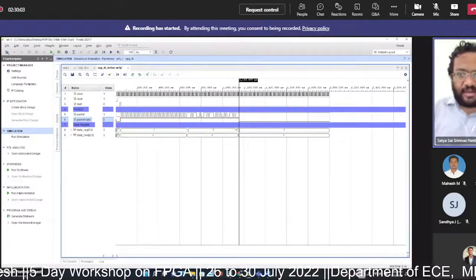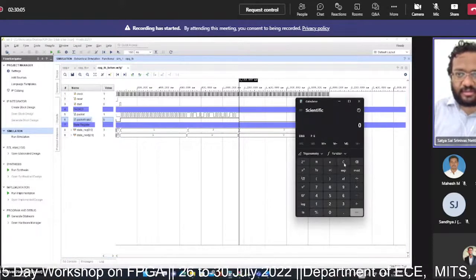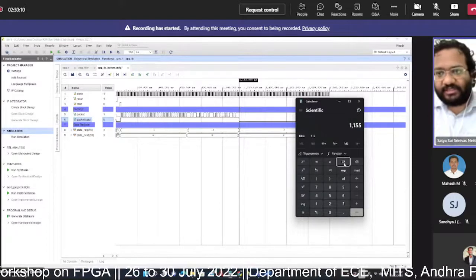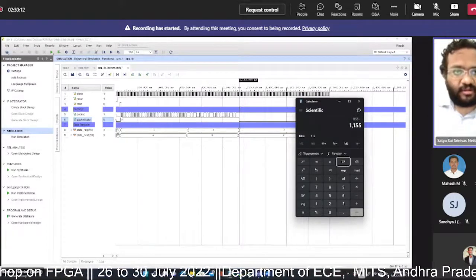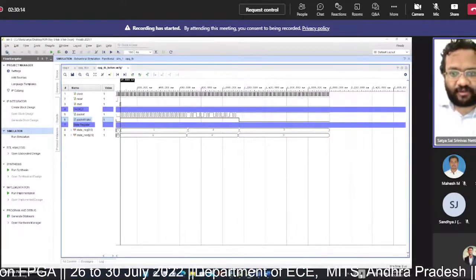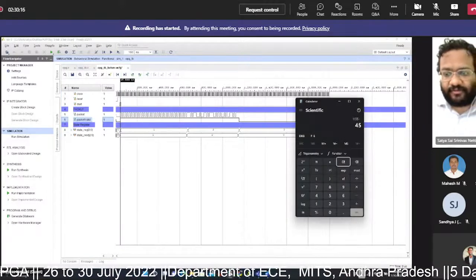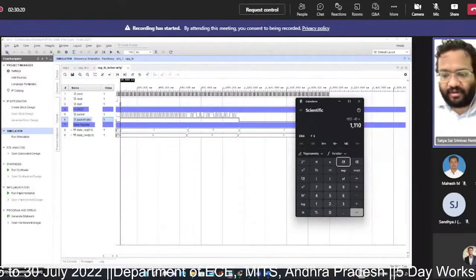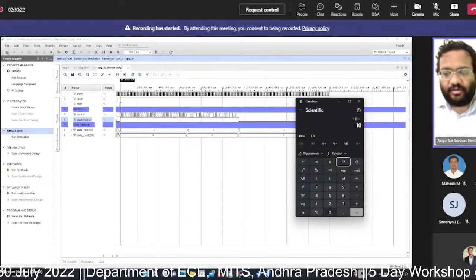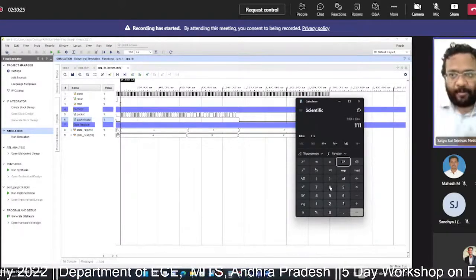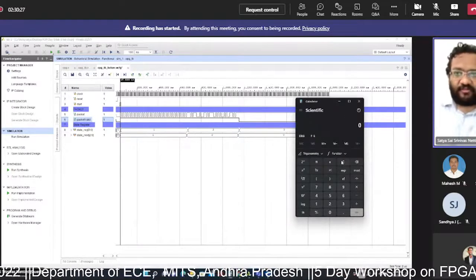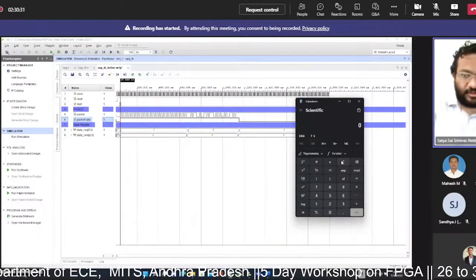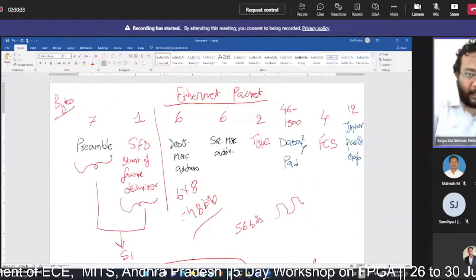Again, if we calculate the time period, 45, divided, yeah, total 111 bits. So 111 is the answer now. So we have to do some calculation.